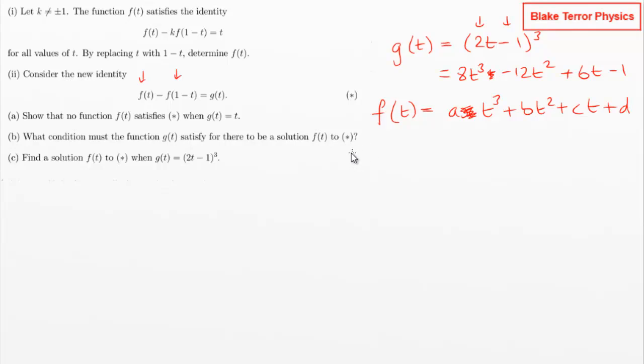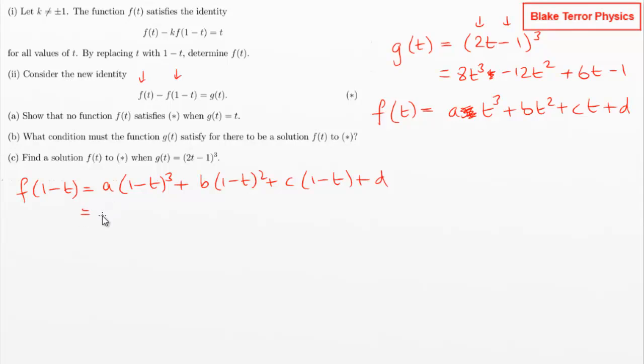And then say that we need f of 1 minus t. Oh my word, this is going to be unpleasant. So a 1 minus t cubed plus b 1 minus t squared plus c 1 minus t plus d. So we could compare coefficients. It doesn't look like much fun doing that at all.